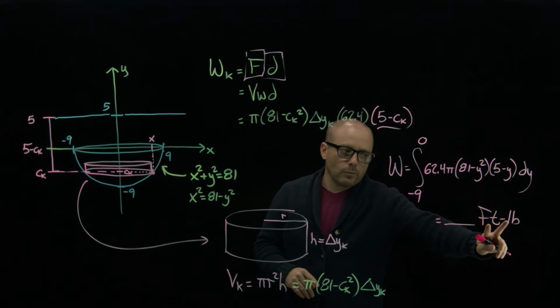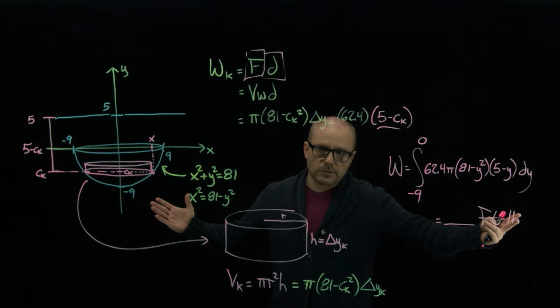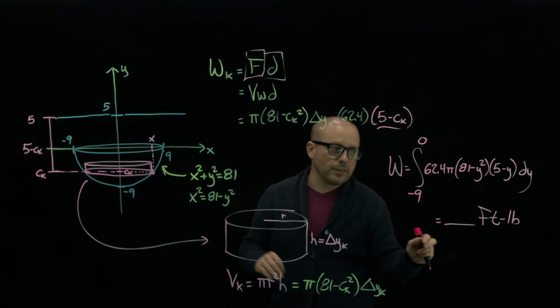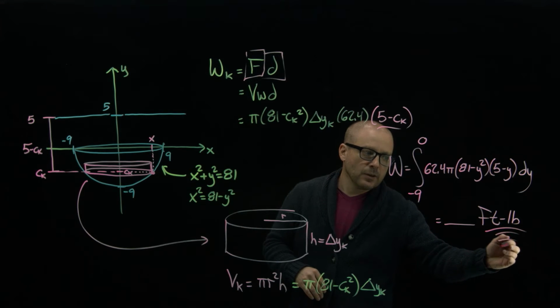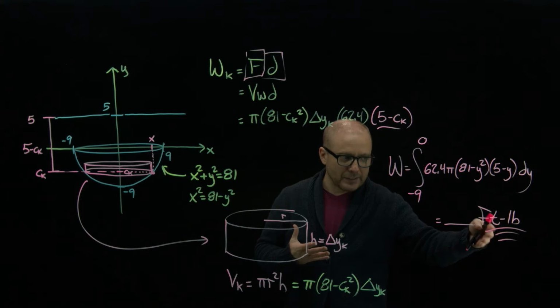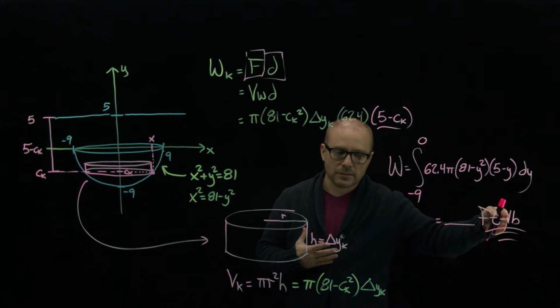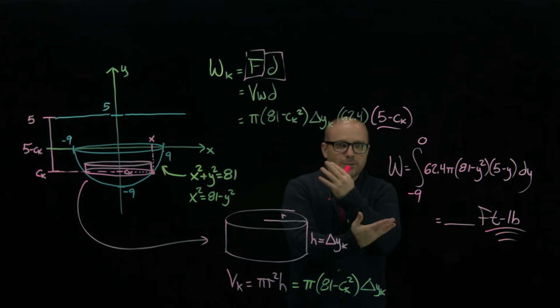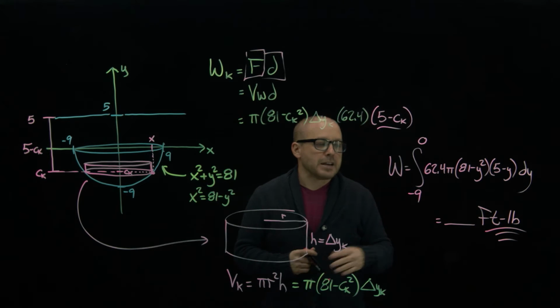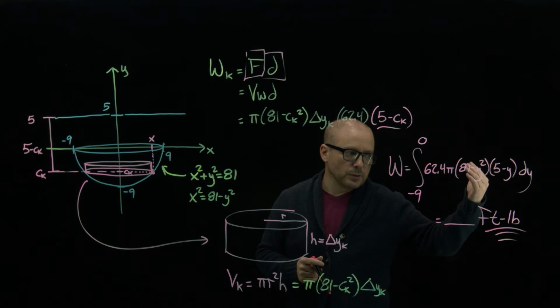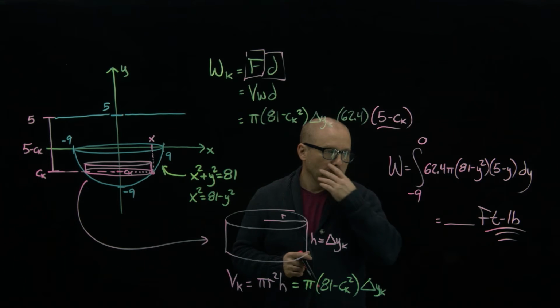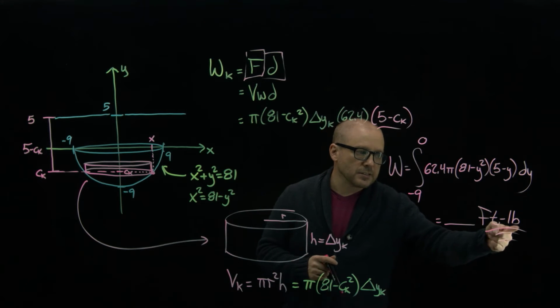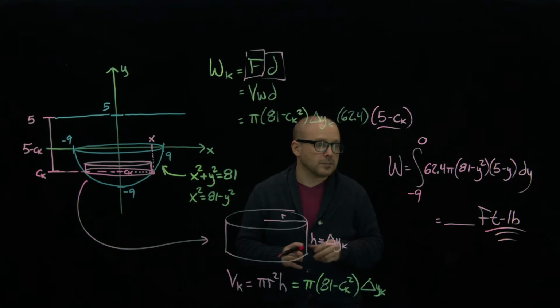Some of you wrote pound-foot, which I put a note on, because it's standard for us to say foot-pounds, although you could argue that it's multiplication, so either way is fine. I did put a note. You didn't lose points if you said pound-feet, but the standard way of saying those units is as a foot-pound, not a pound-foot.